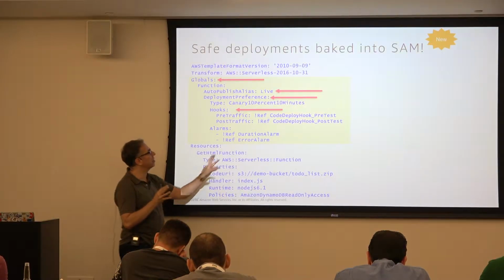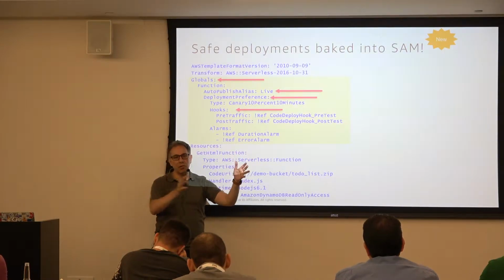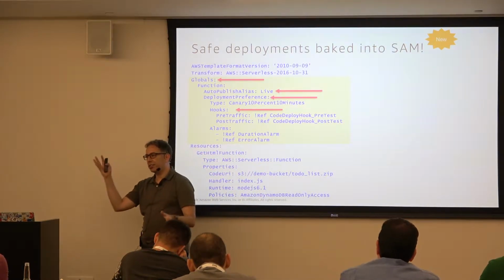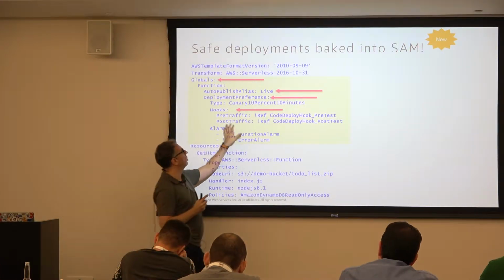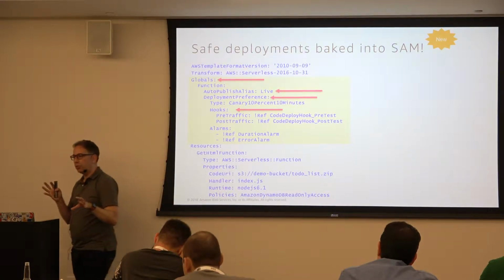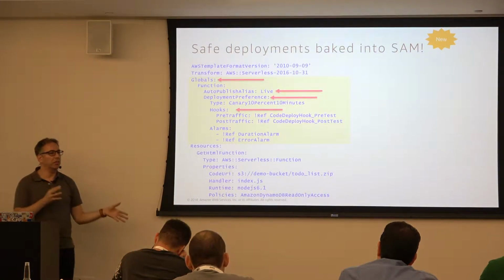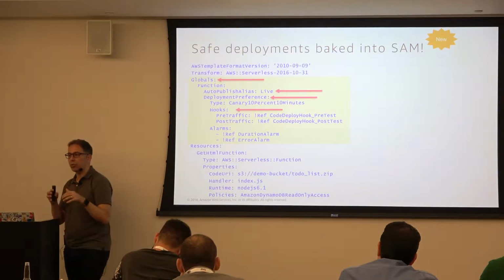Then the deployment starts, and you have, for example, the canary or the linear deployment. When all the users have access to the function, so the deployment is completed, then we execute the post-traffic function. And this function can include any check you want, and it can report success or failure to the deployment based on your own checks.